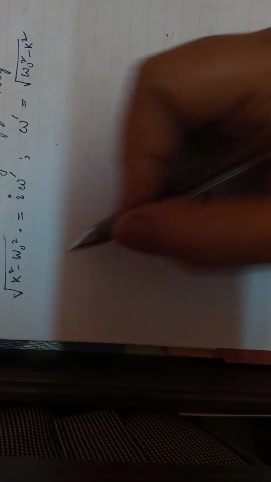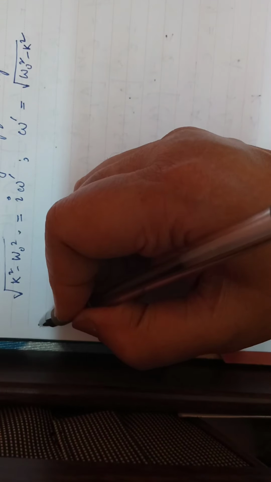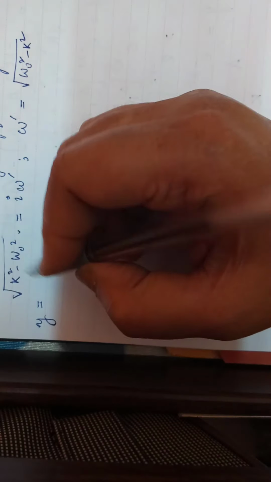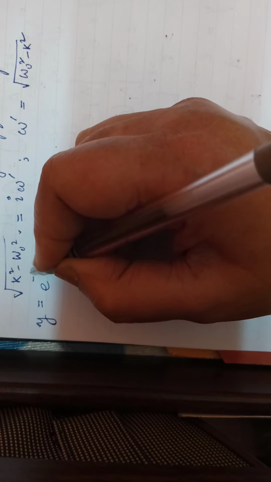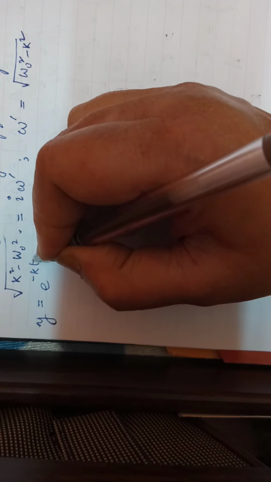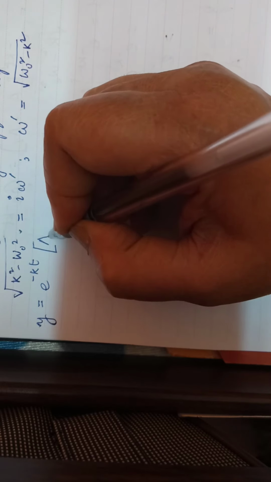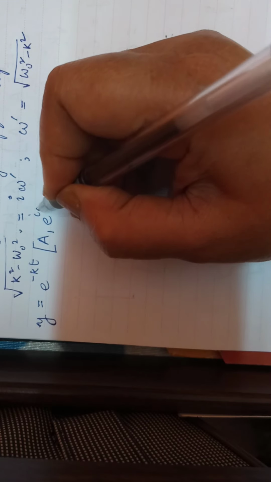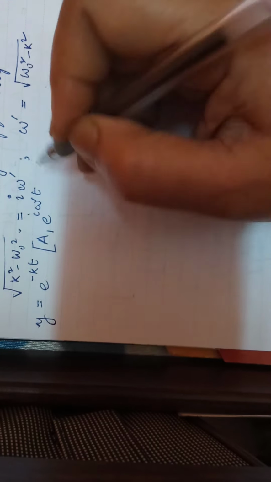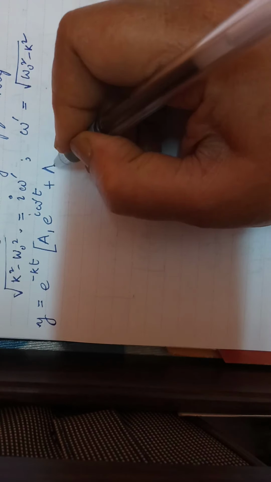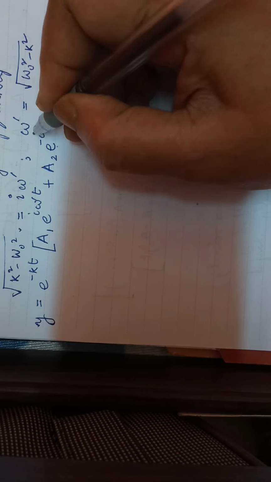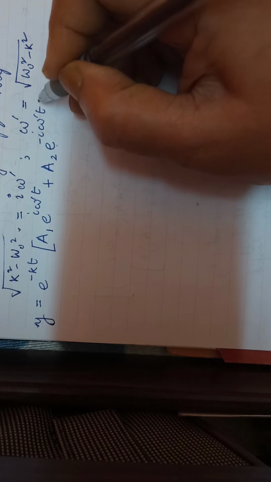We'll write the solution as y equal to e to the power minus kt, if you remember the solution of yesterday, into a1 e to the power i omega prime t plus a2 e to the power minus i omega prime t.